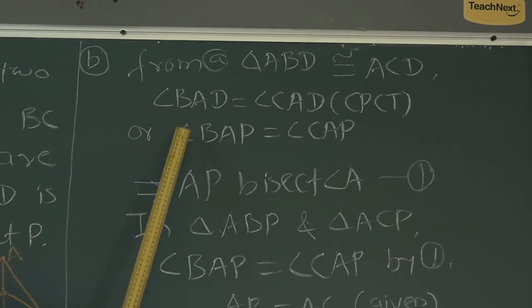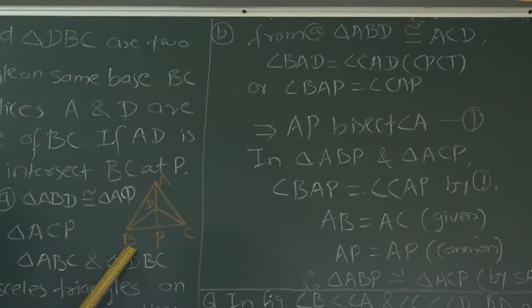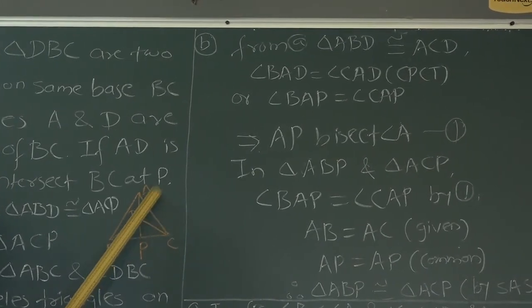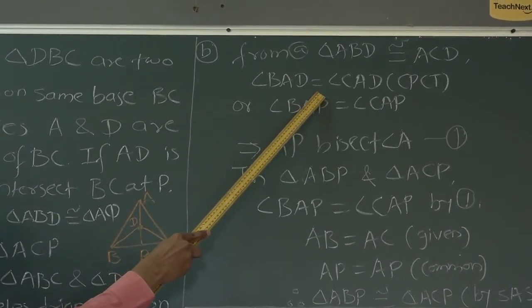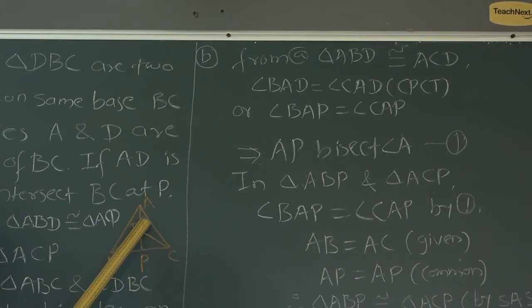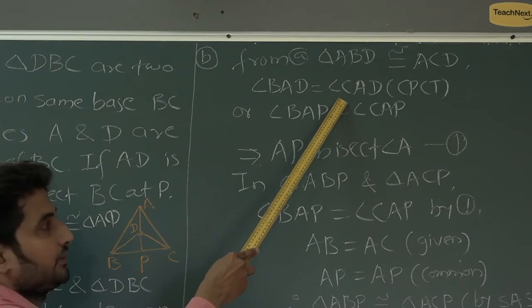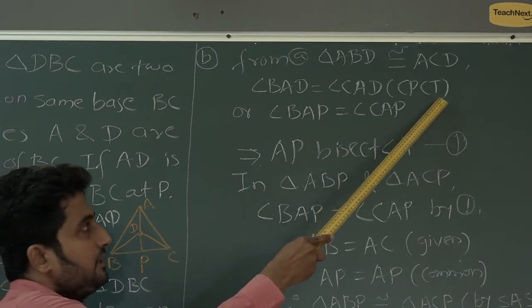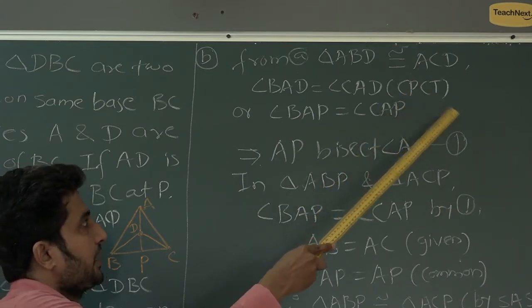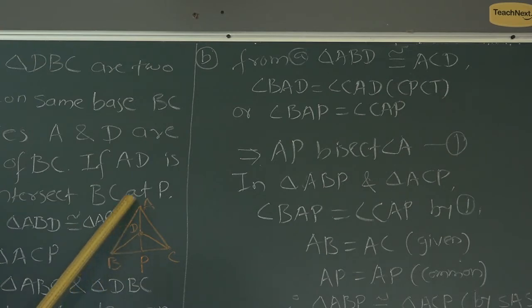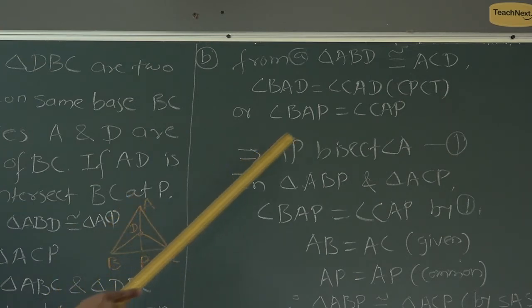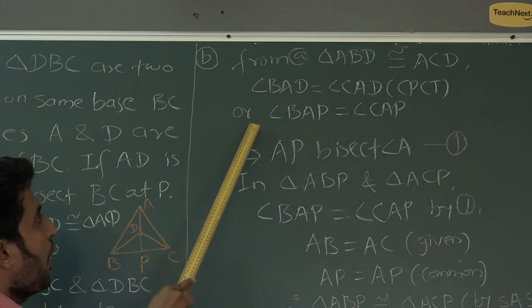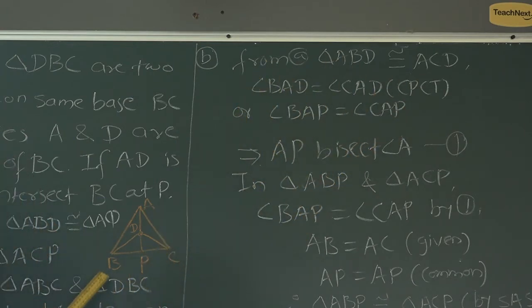Now, look here, angle BAD equals angle CAD. Is it clear why we equate this? Because of CPCT, corresponding parts of congruent triangles. So angle BAD is equal to angle CAD, or angle BAP is equal to angle CAP.